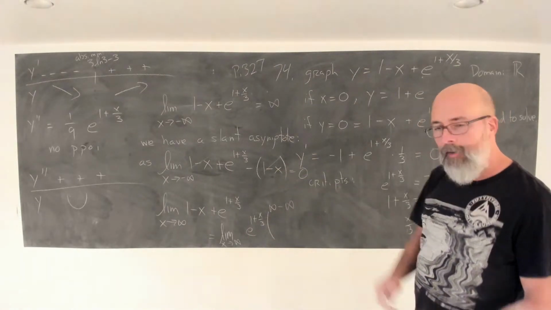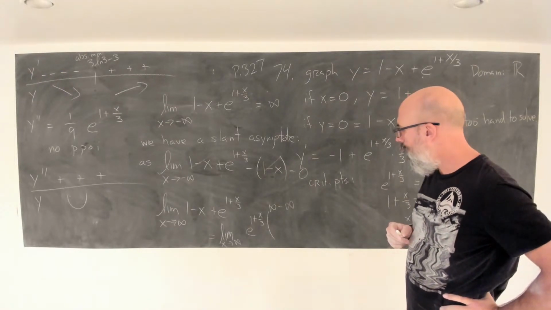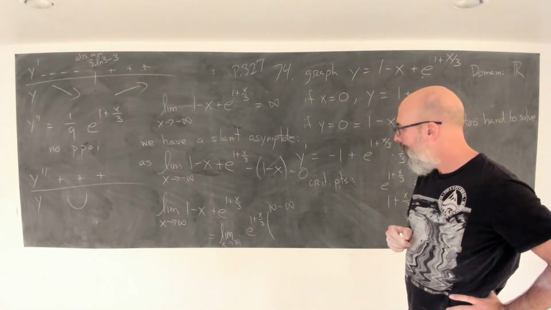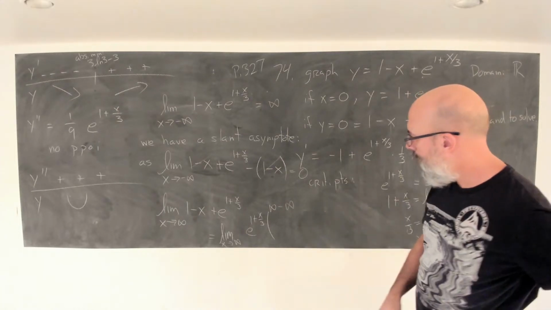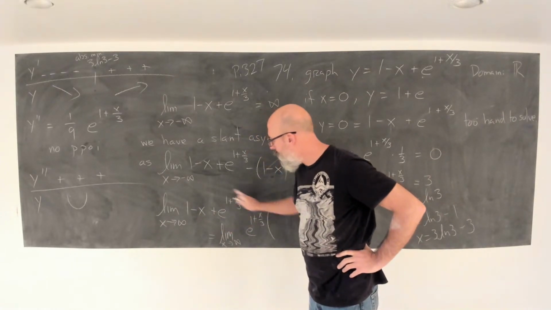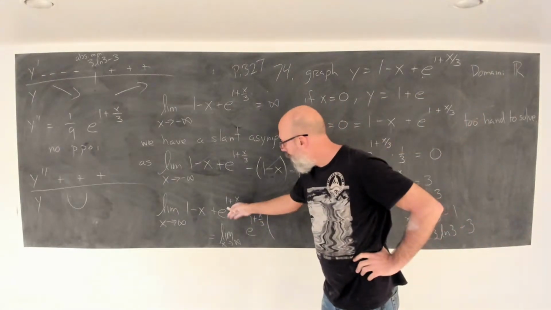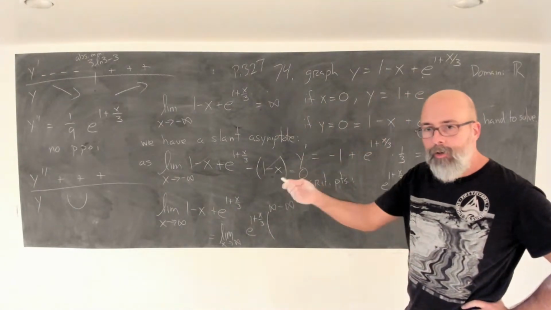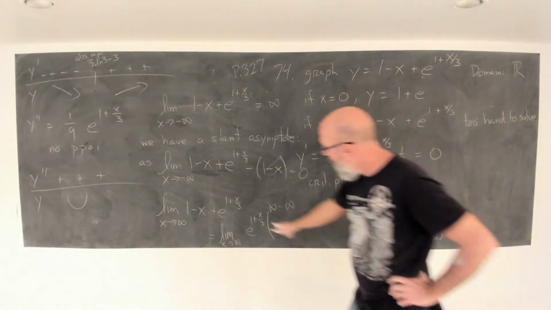Factor out your leading term. Factor out the dominant term. And what is dominating here, right? I mean, you have x, but you have exponentials. So the exponential, as you may know, gets larger and larger much faster than x. Factor that out.